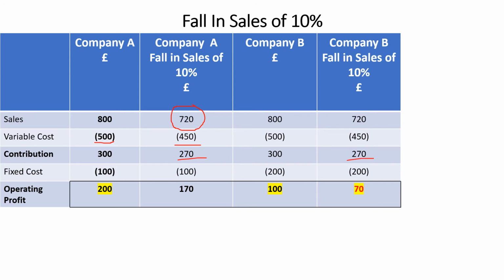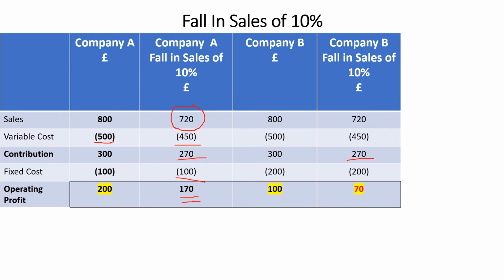The only difference is Company A has a fixed cost of 100, and by nature, fixed costs do not change in a business. So 270 minus fixed cost of 100 gives us an operating profit of 170.